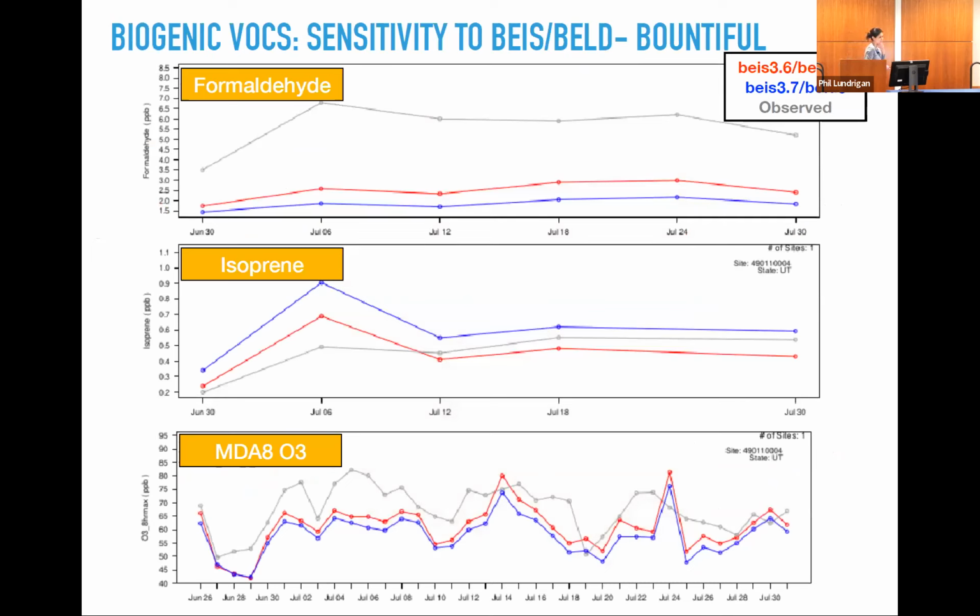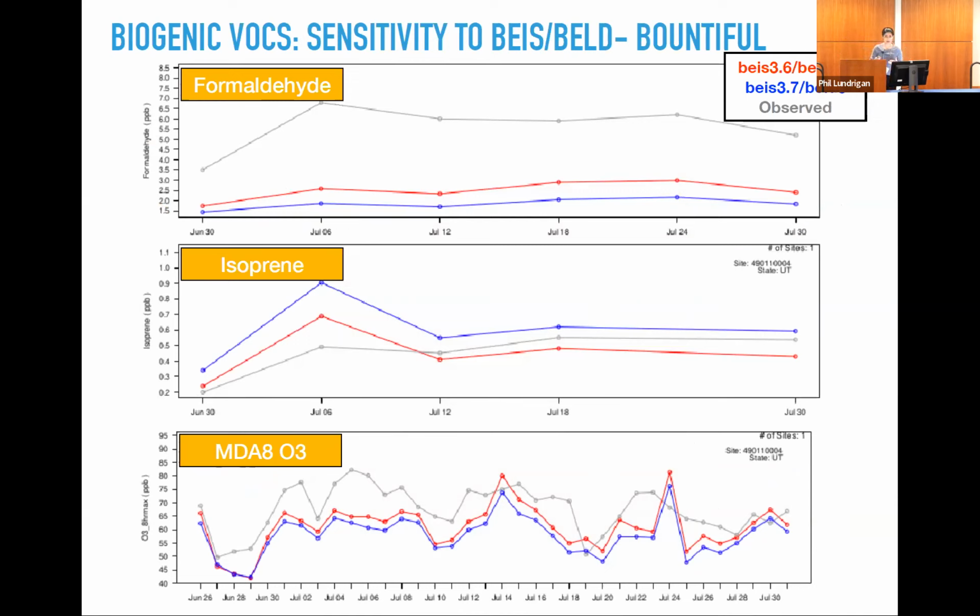What local emissions, or local ozone precursors, are we underestimating? So we looked at biogenics. What we did here was a sensitivity simulation where we ran CAMx twice, once with the BIOGEN 36 BELD-41 model for estimating biogenics, and another time using BIOGEN 37 BELD-5.